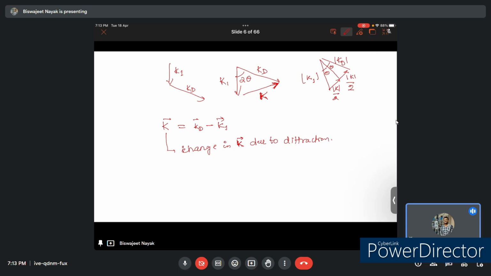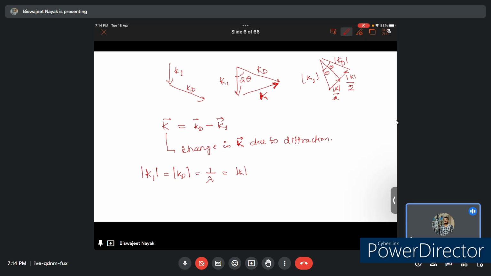The beauty of this geometry is that we can apply this analysis to any kind of diffracted wave vector, and this theta need not depend on the Bragg angle. We can correlate this k vector with wavelength, as it is inversely proportional to the wavelength.